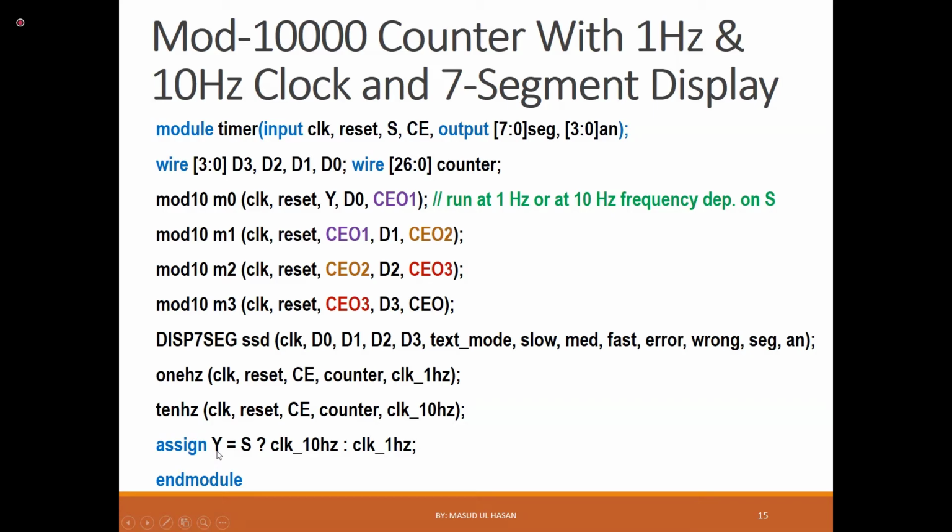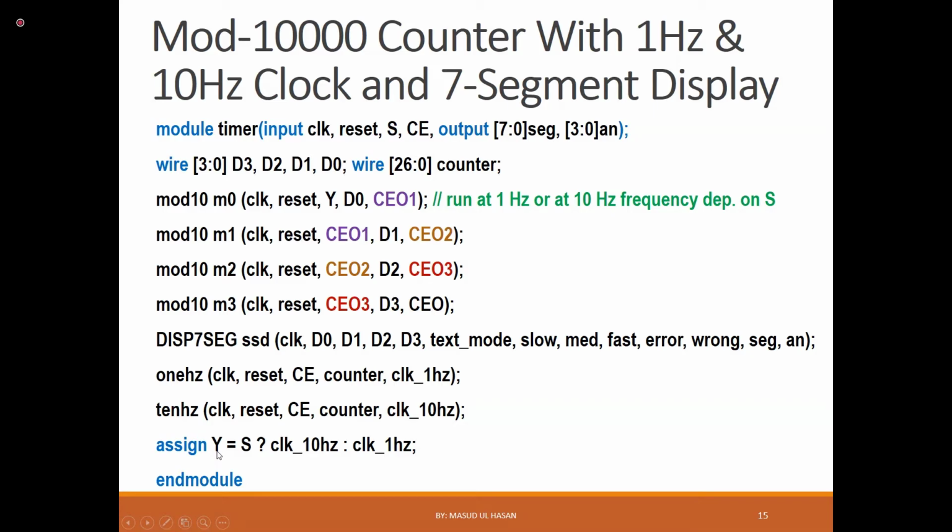For example, if this is the counter, this CE will get this 1 hertz clock or 10 hertz clock. We are not again playing with the clock. Clock is clean. Somebody asked a very valid question, that we are doing clock gating. No, in our code we are not doing clock gating. Clock is clean.